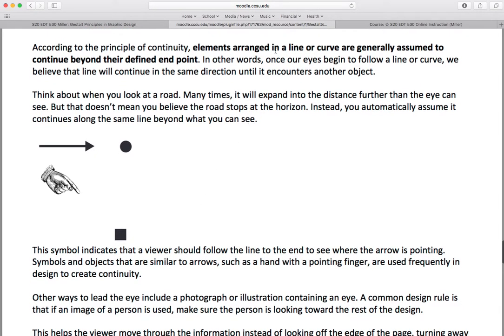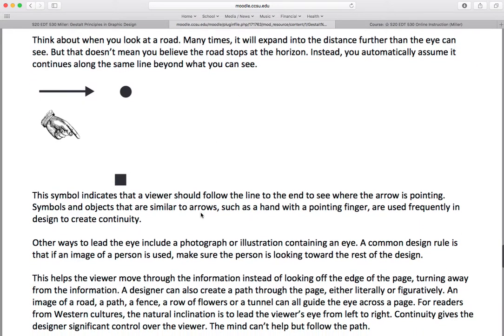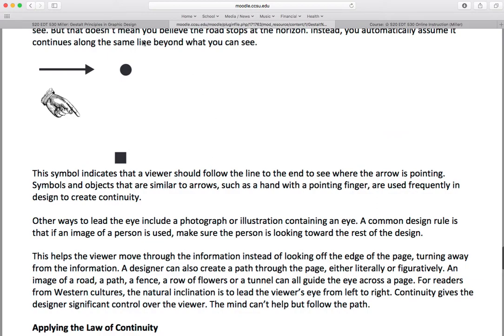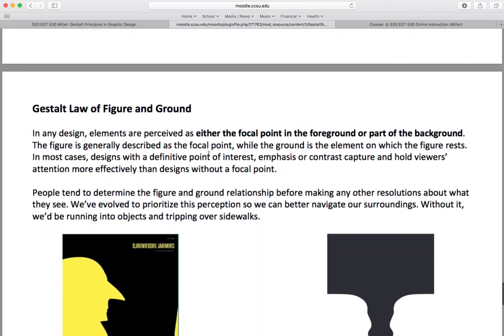So this is usually having to do with lines and curves, that lines and curves we tend to fill in and we tend to continue them going further than they actually are on the page. So that's another way to either simplify something or to draw attention to an object by using incomplete lines.